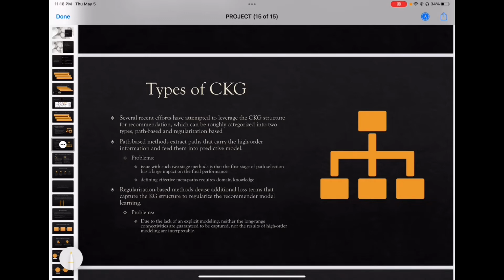Now, path-based methods extract paths that carry the higher order information and feed them into the predictive model. To handle a large number of paths between two nodes, they have either applied path selection algorithm to select prominent paths or define meta path patterns to constrain the paths.